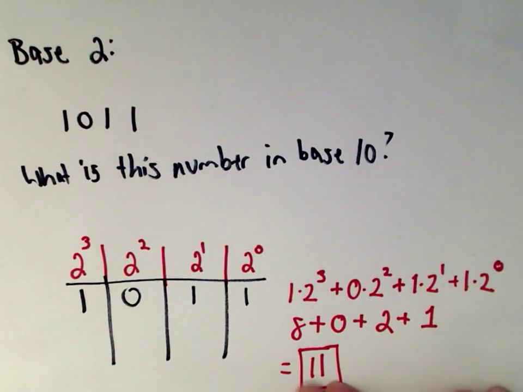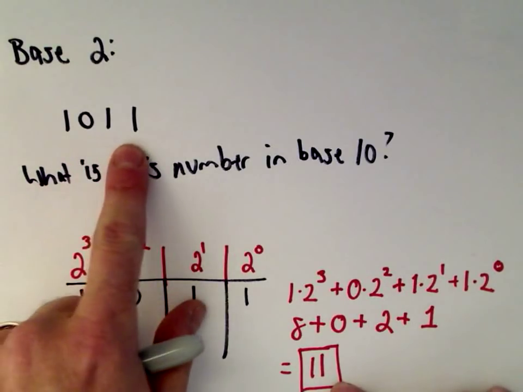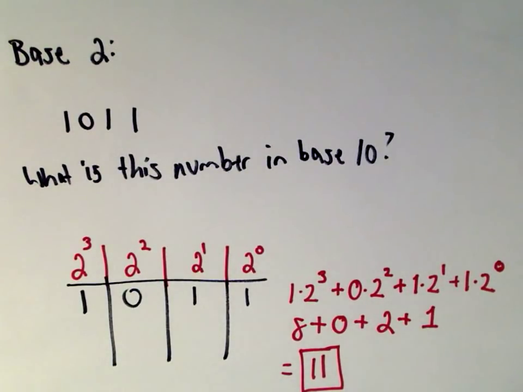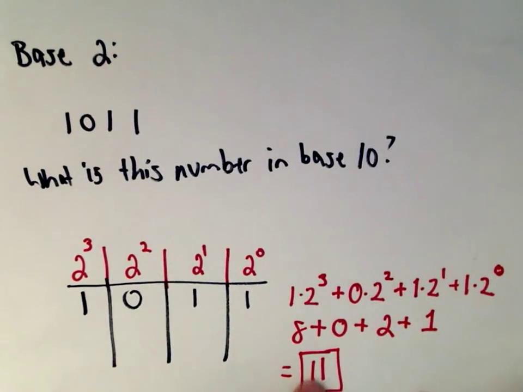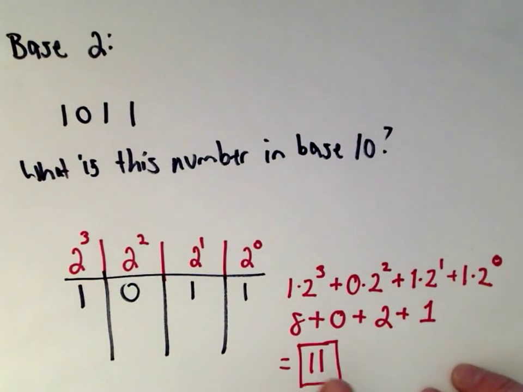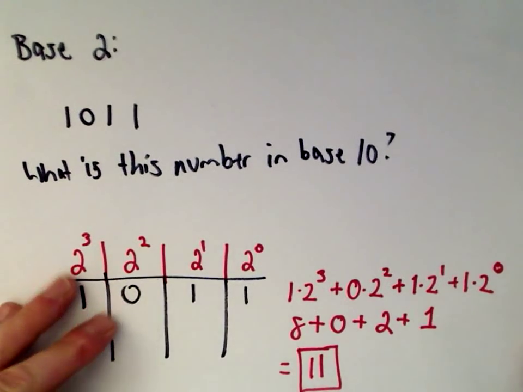Likewise, if somebody said, how do you write the number 11 in base 2? Well, it would be 1011. So let's show how to convert. Let's look at an example of taking a number in base 10 and rewriting it in base 2.